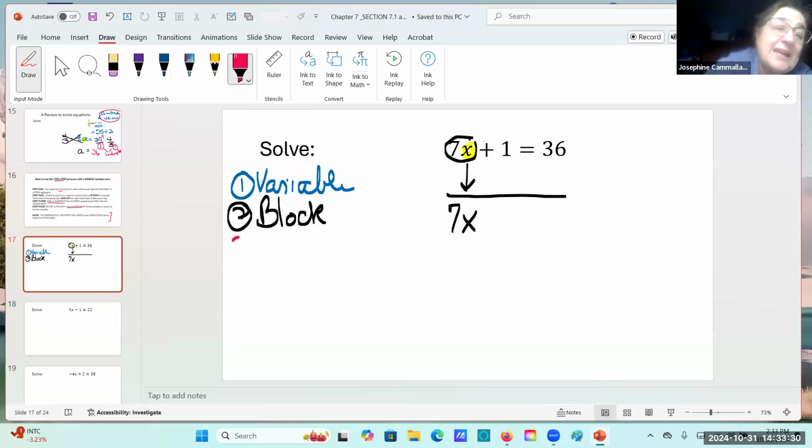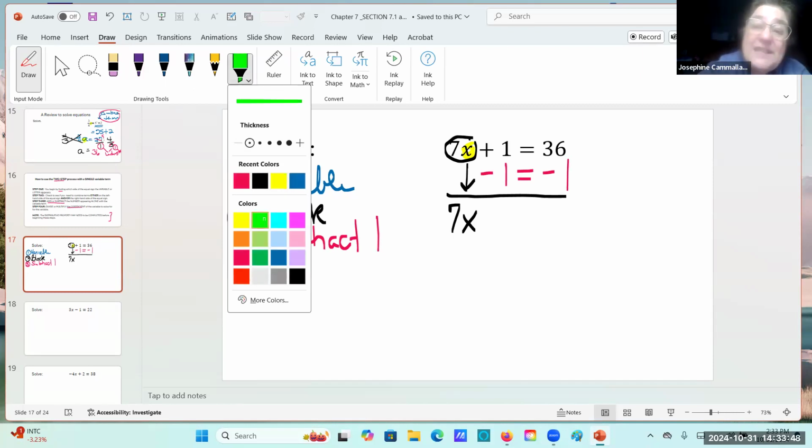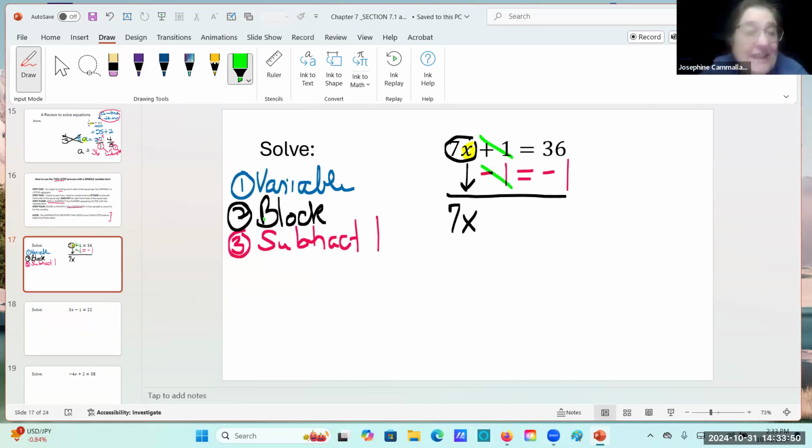Now, my third step is I'm subtracting 1 from both sides. -1, -1. Now, as you see right here, positive and -1 behind the 7x cancel. They're gone. But on the right-hand side of the equation, I get 35.